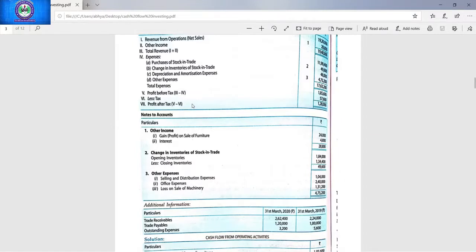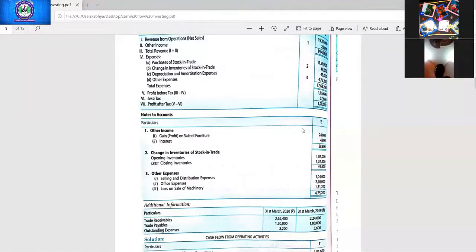If you start with profit before tax, before tax means till now taxes are not deducted, so there is no need to add it. If we start with profit after tax, it means taxes are already deducted, so we have to add it back. So it's your choice.